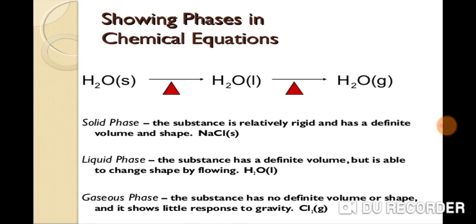For example, the first step is showing phases. How can we show phases? H2O stands for water, and S in brackets shows its solid form, the solid phase. It is rigid, and the solid phase has a defined volume and shape.